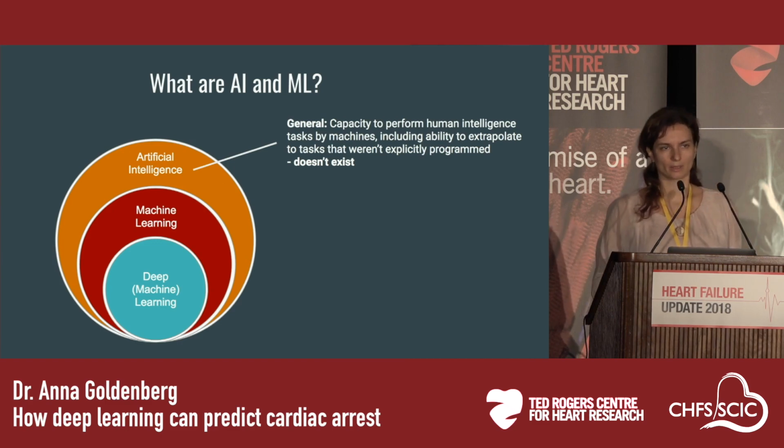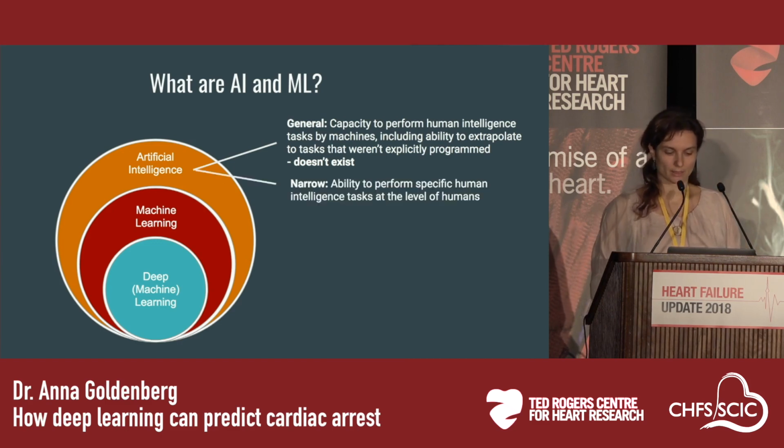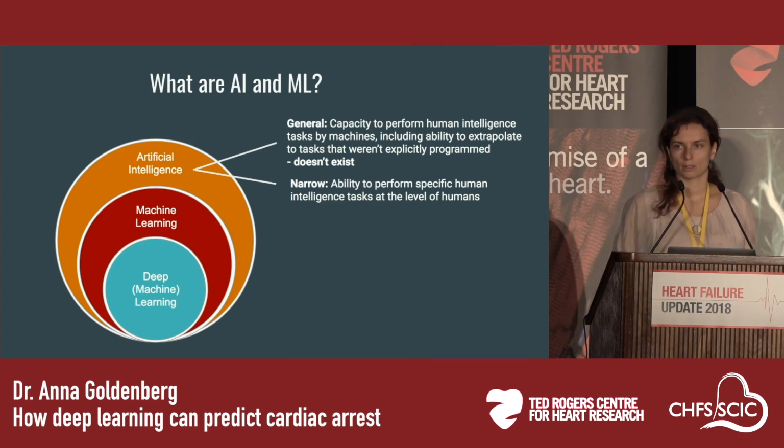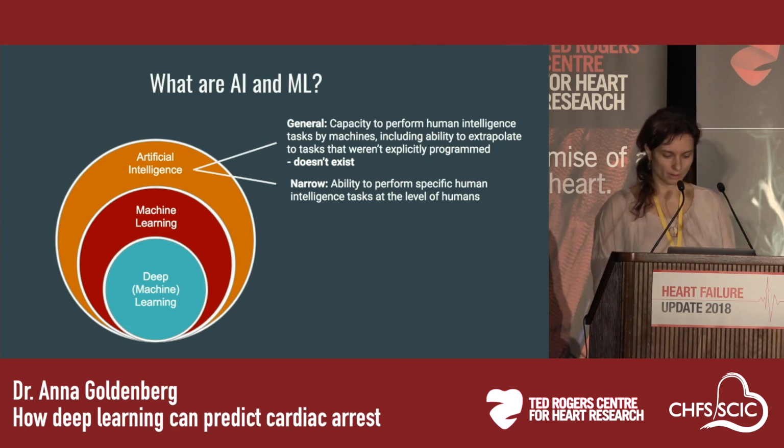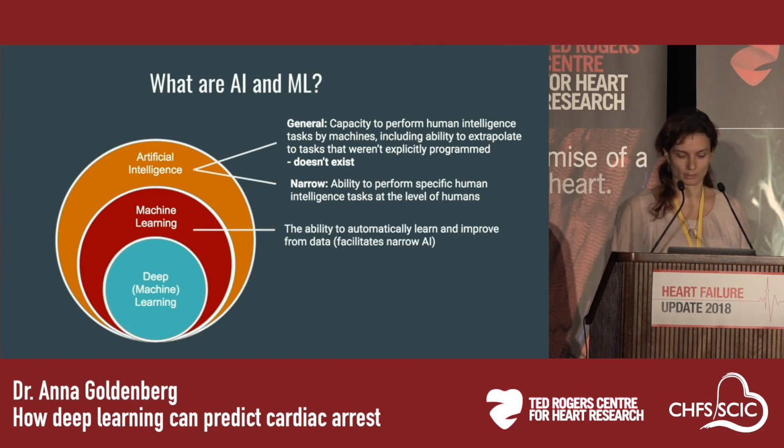We're not close. What does exist, and I think what can be really helpful in a clinic now, is this kind of ability to solve very specific questions given sufficient data. And I think that's a key to the advantages that can be taken out of AI that is being developed now.